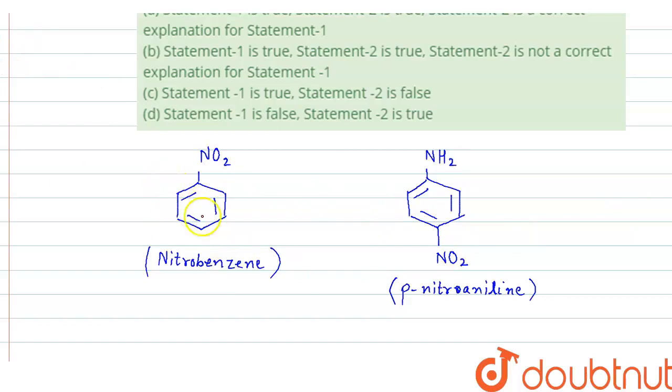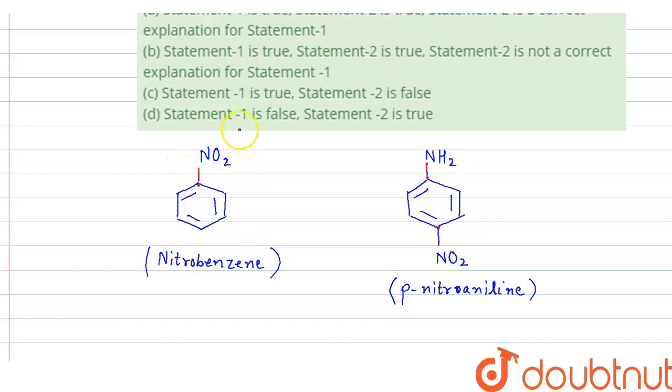So if we draw the bond dipoles, we will consider the bond between carbon and NO2, and here also the bond between carbon and NH2 and carbon and NO2.